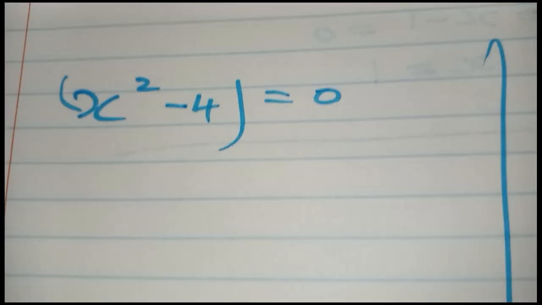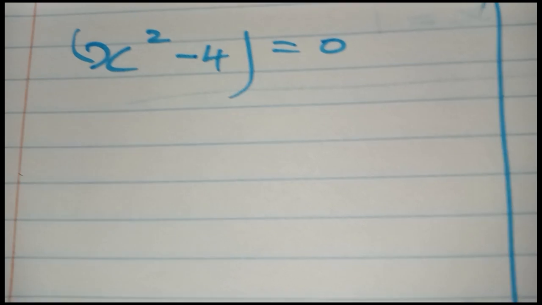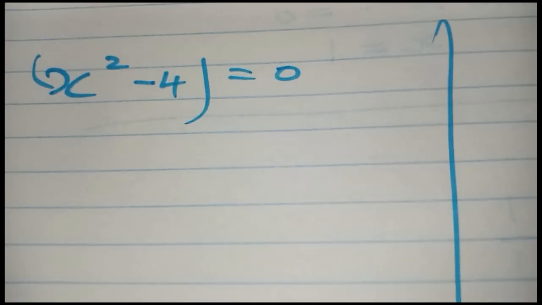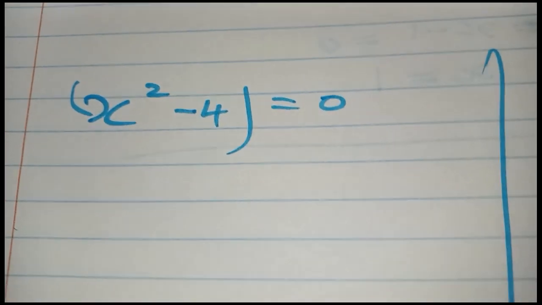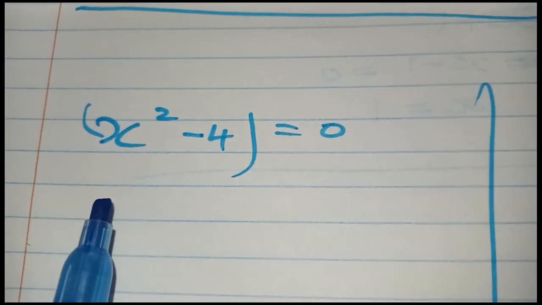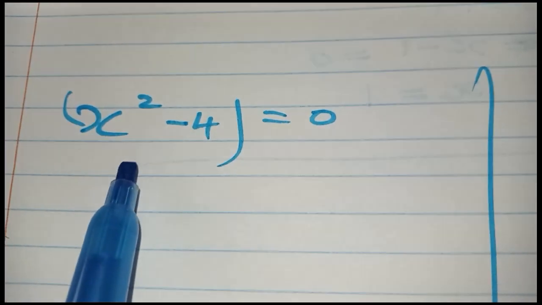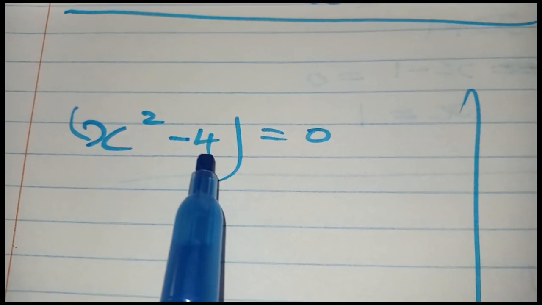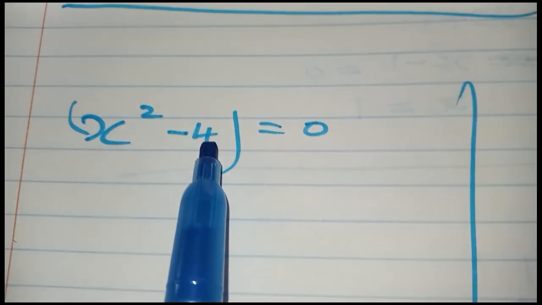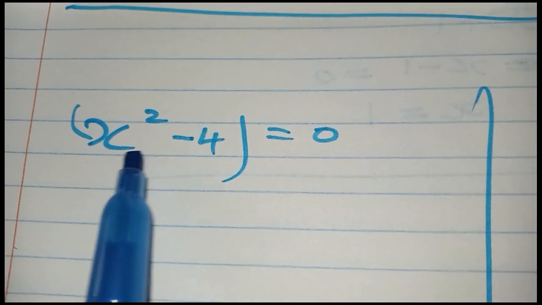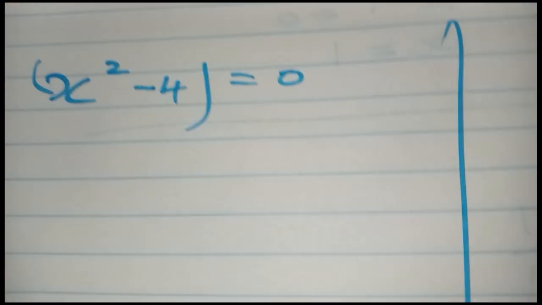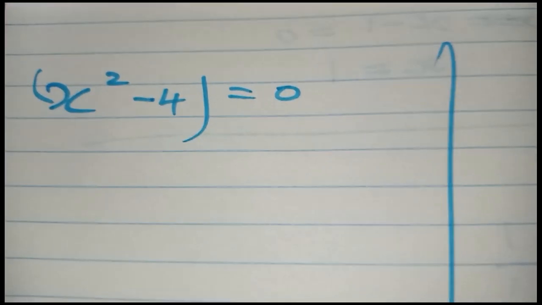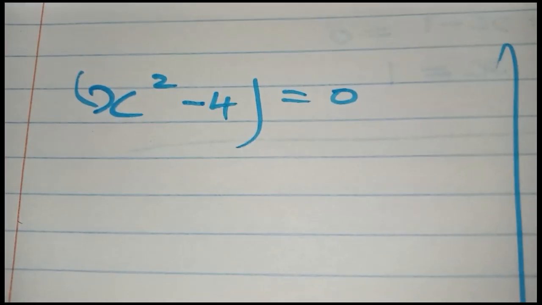So you have x squared minus 4. You cannot use the common factor method because there's no x in this term, right? You can only use the common factor method if there are things common, right? So yeah, I'm glad we are okay with that part.